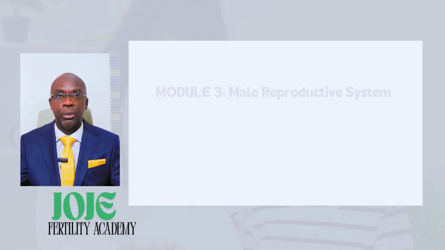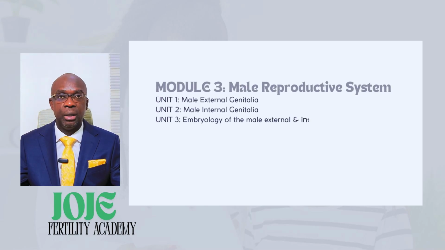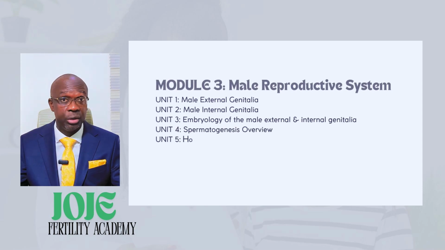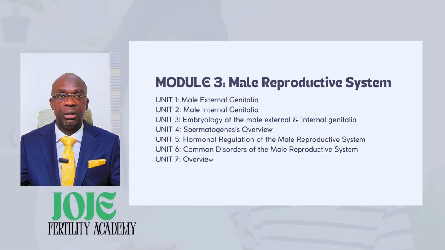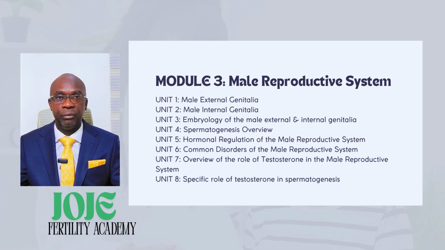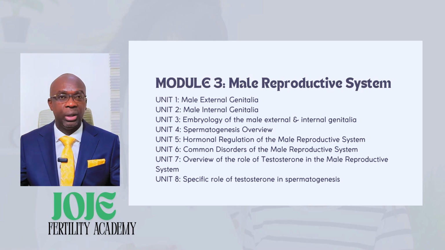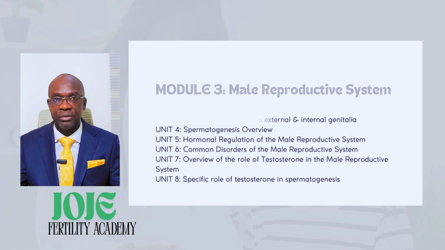And then the third module is the male reproductive system, where we shall be looking at both the external and internal male genitalia, and the embryology of the external and internal genitalia. We'll look at an overview of spermatogenesis, the production of sperm, and then the hormonal regulation of the male reproductive system, and the common disorders of the male reproductive system.